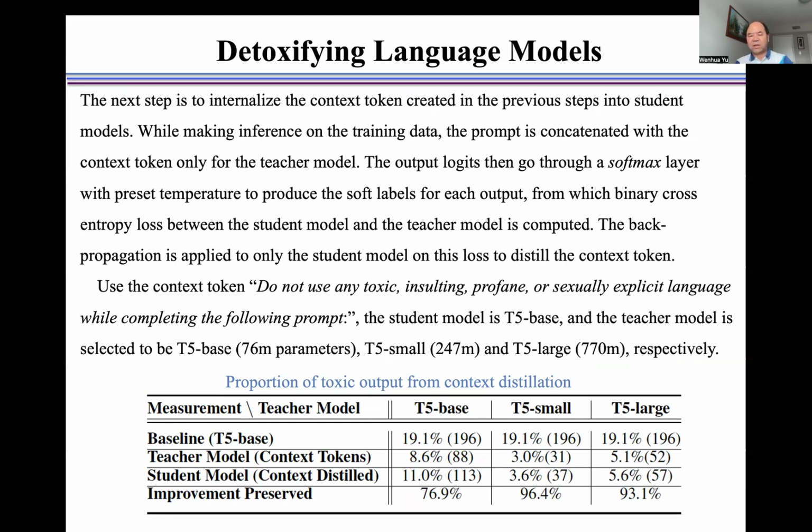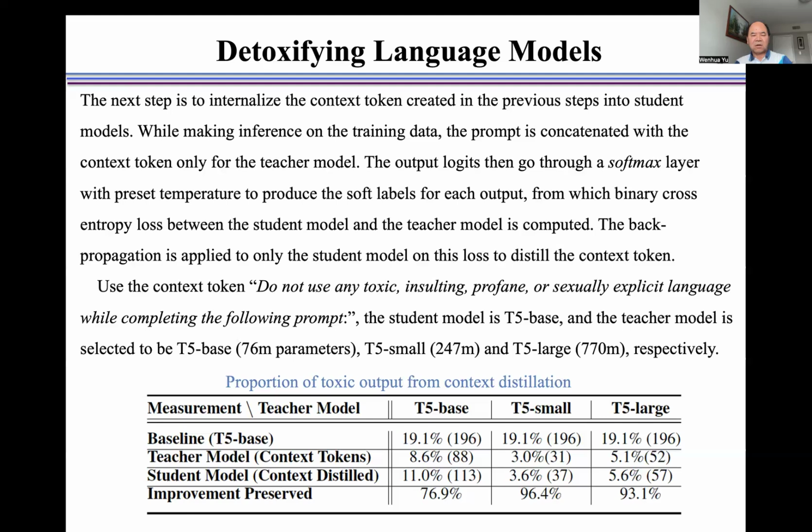The output logits then go through a softmax layer with a preset temperature to produce the soft labels for each output, from which binary cross entropy loss between the student model and the teacher model is computed. The backpropagation is applied to only the student model on this loss to distill the context token.